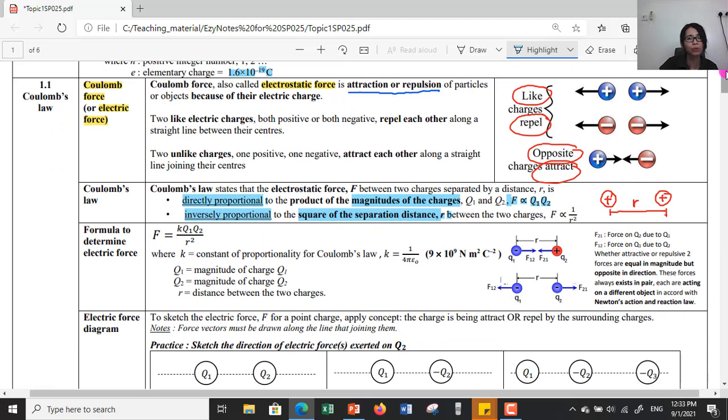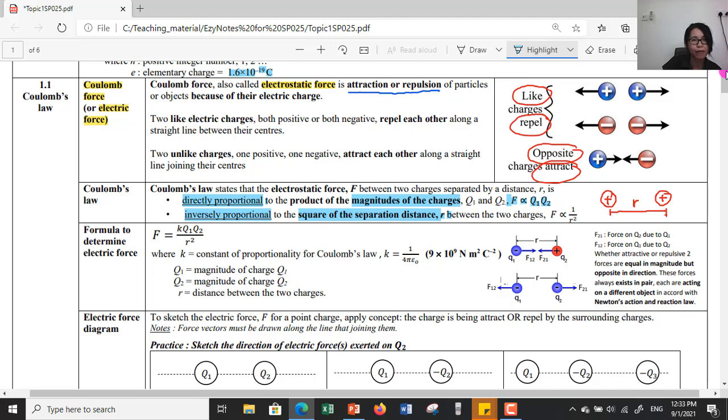So, according to Coulomb's law, we have the equation or formula to determine the electrostatic force between two charges. How do we calculate the magnitude of electrostatic force between two charges?